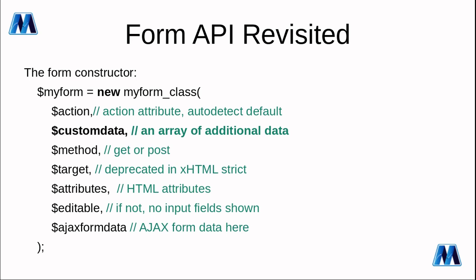Okay, the method, which is by default post, the target, which is really deprecated now in XHTML, the attributes for the form, whether the form is editable, a Boolean value. So if you've set that false, none of the fields will be editable. And then your Ajax form data goes into the last parameter.